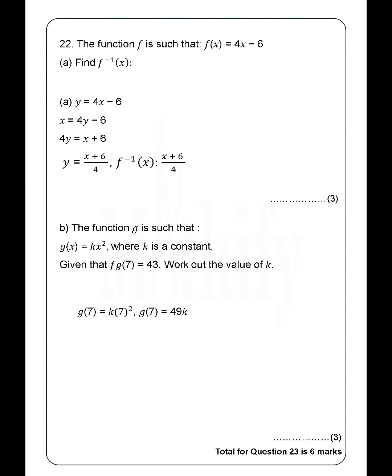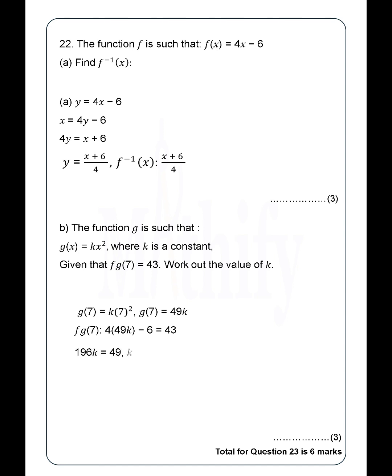Now, when it says f of g of 7, this is a composite function. So 49k will be inserted into f of x. We know that f of x is equal to 4x minus 6. Instead of x, we replace with 49k. So f of g of 7 is equal to 4 multiplied by 49k minus 6, equal to 43.